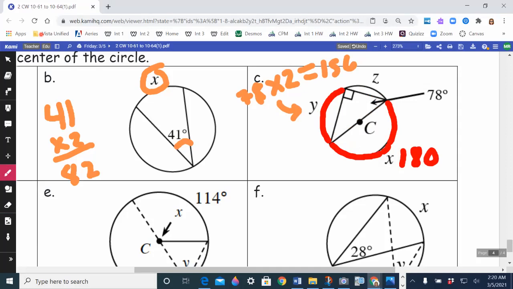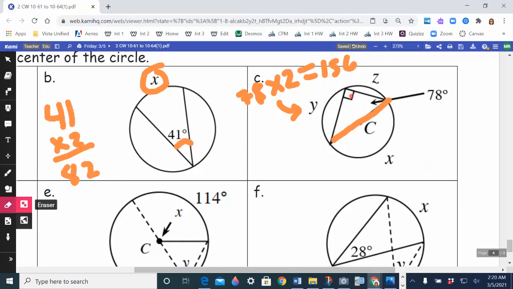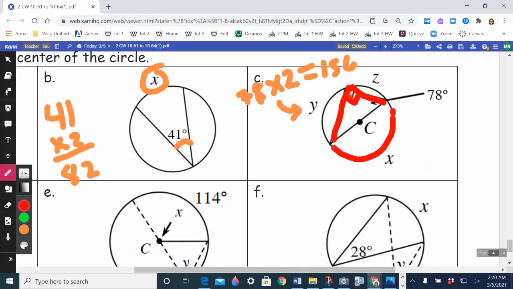One way is that this inscribed angle is 90, so this intercepted arc has to be twice that, which is 180.